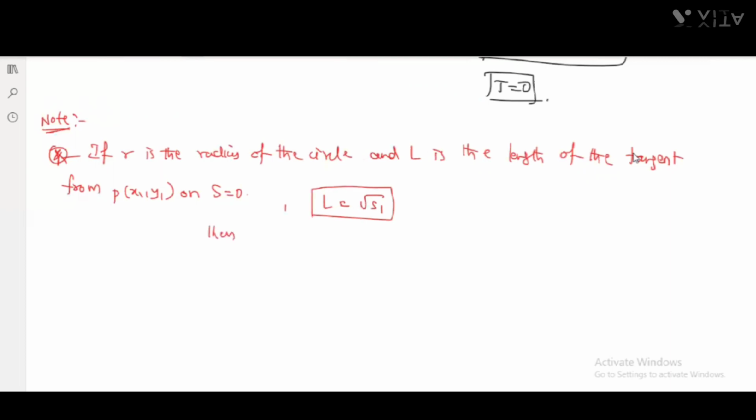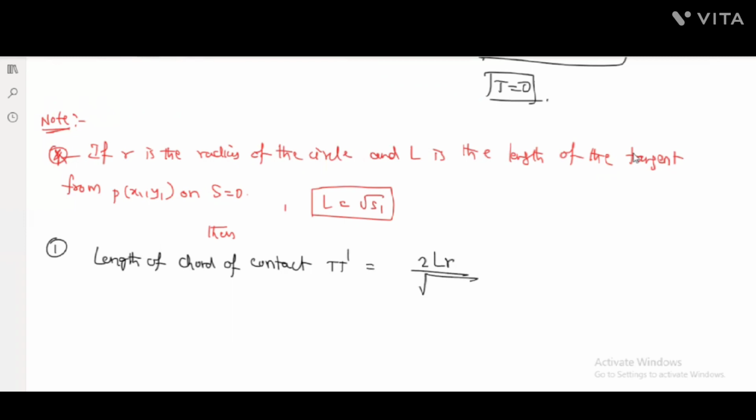Then the first point, the length of chord of contact T dash we can take as 2LR by root of R square plus L square, direct formula.